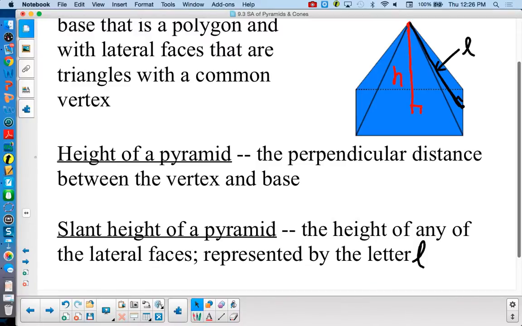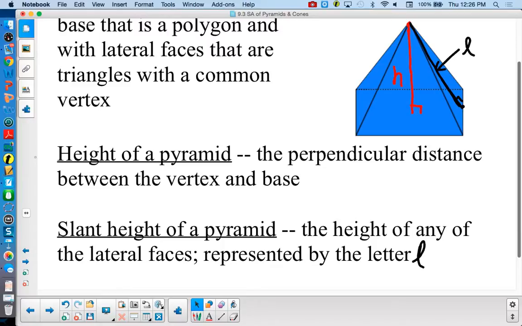So some of our formulas will use the slant height and some will use the perpendicular height. Since we're talking about surface area, the slant height is the one that's on the surface, so that will be the one used in the surface area formula.